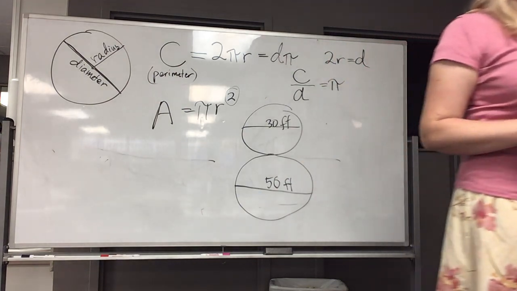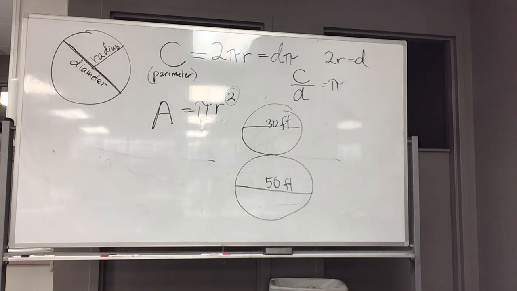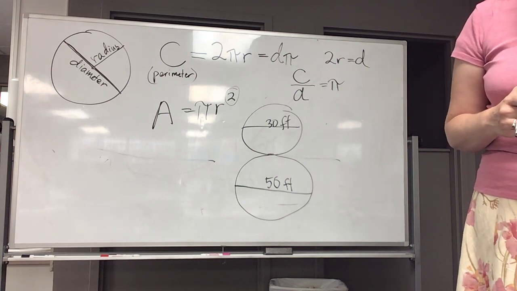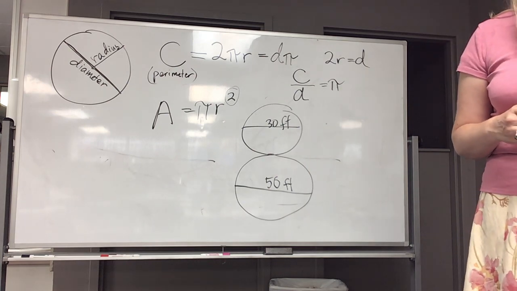So here is our diagram they give us, and the story problem for it says that a track for a model railroad display is set up as two circles that are tangent to one another and have diameters of 50 feet and 30 feet, as shown below. The engine of the train travels at a constant rate of 75 feet per minute.